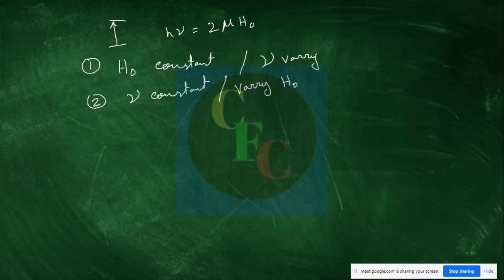Because the energy gap itself is dependent on H0, right? So you can easily do that. At some point, that particular energy gap will appear where it matches your constant nu, right? You can do this.